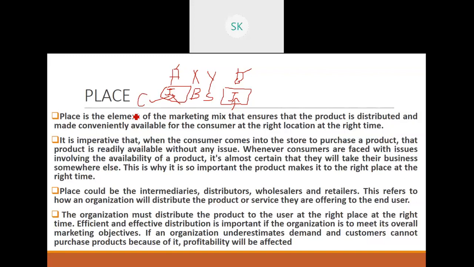Next time he wants to buy jeans, suppose he comes with his friends. Now C has come with two other friends along with him. What will C do? He will not go to store A, he will directly go to store B. Can anybody say why he will directly go to store B?